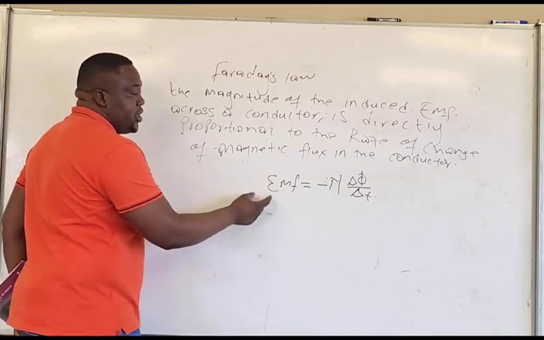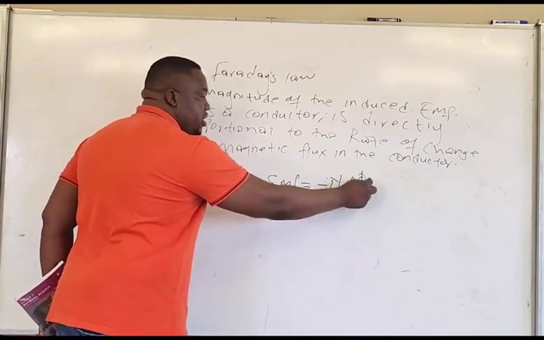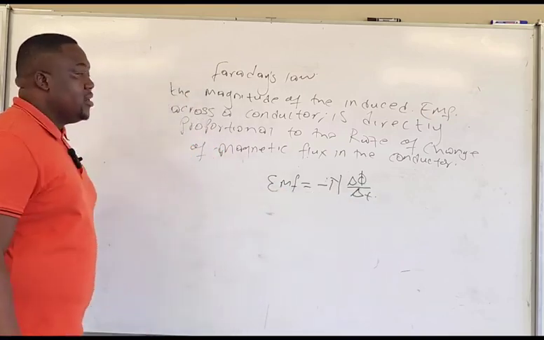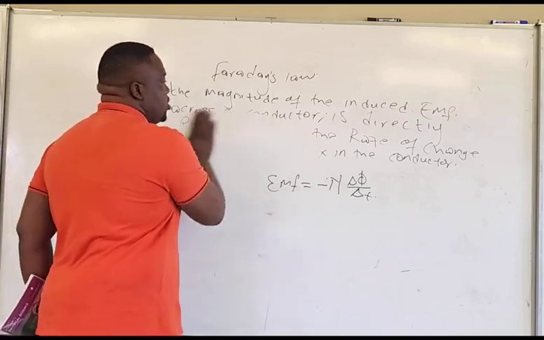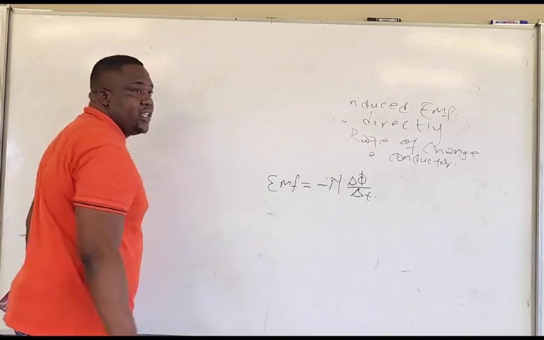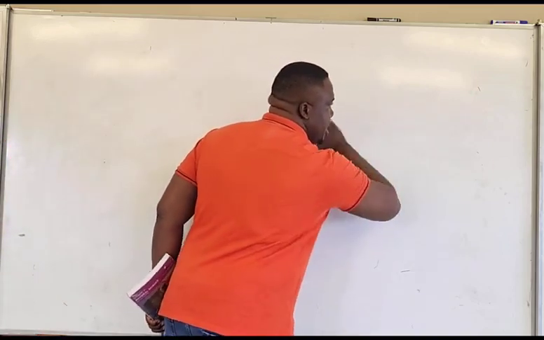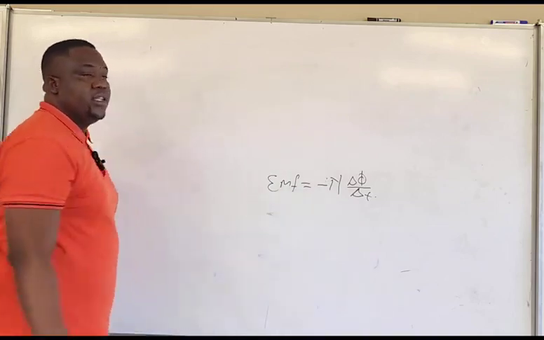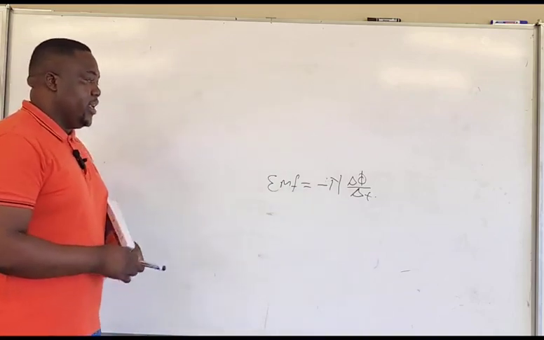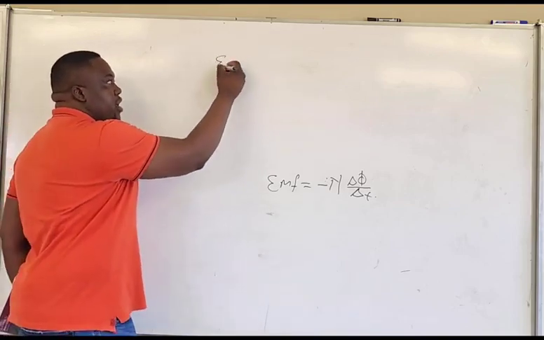So it says the magnitude of the induced EMF is directly proportional to the rate of change of magnetic flux across a conductor. So now we need to explain Faraday's law. After explaining Faraday's law, we are done with this lesson. There is nothing that is difficult in this lesson. Okay, let me explain each and every subscript.